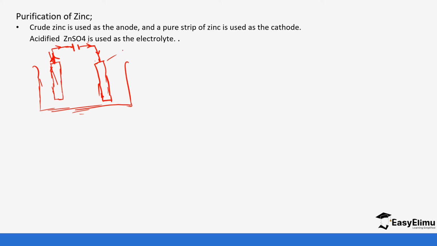So this is the cathode, and it's the pure zinc, and then this is the anode, crude zinc, and they have been placed in a solution of zinc sulfate.